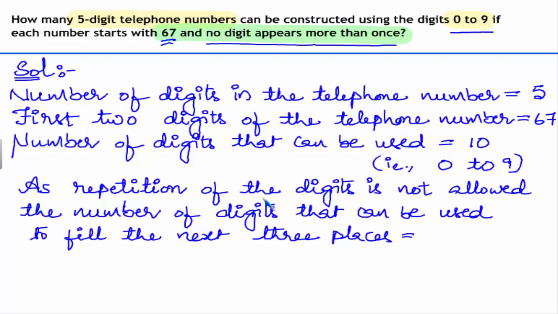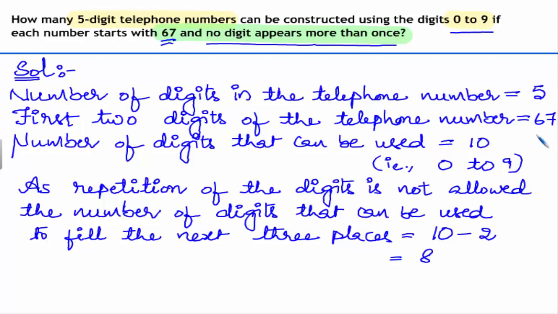As repetition of the digits is not allowed, the number of digits that can be used to fill the next 3 places of the telephone number is equal to 10 minus 2, which is equal to 8. Now observe here once again, these 2 we have subtracted because the first 2 digits of the telephone number has already occupied by 6 and 7.